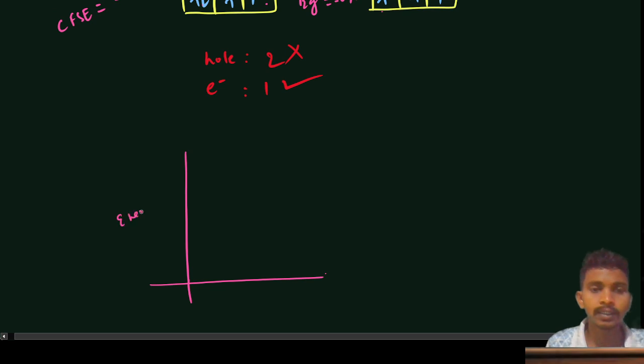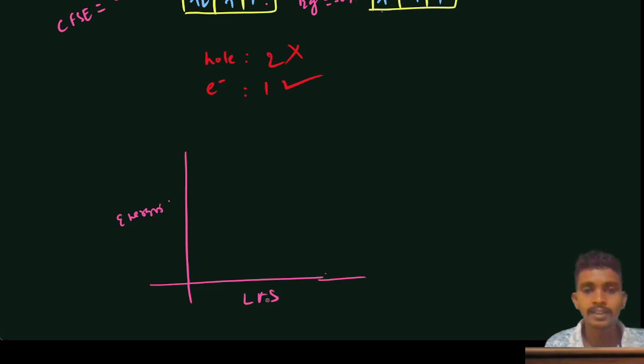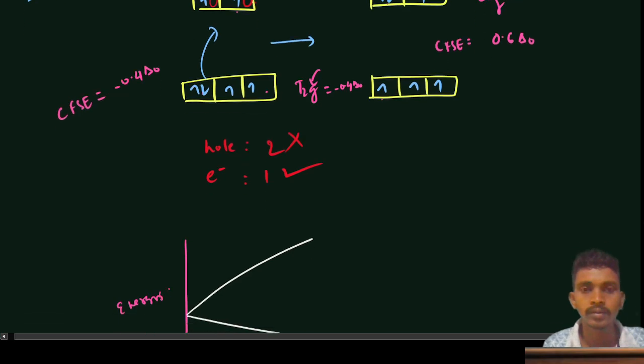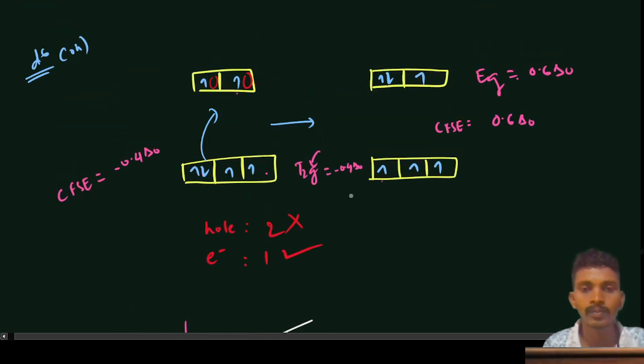So if I do that Orgel diagram, here is the energy, and here is ligand field strength. Which value is less?